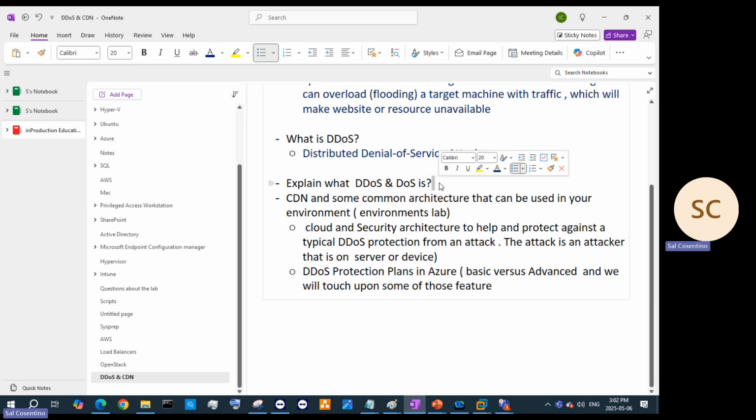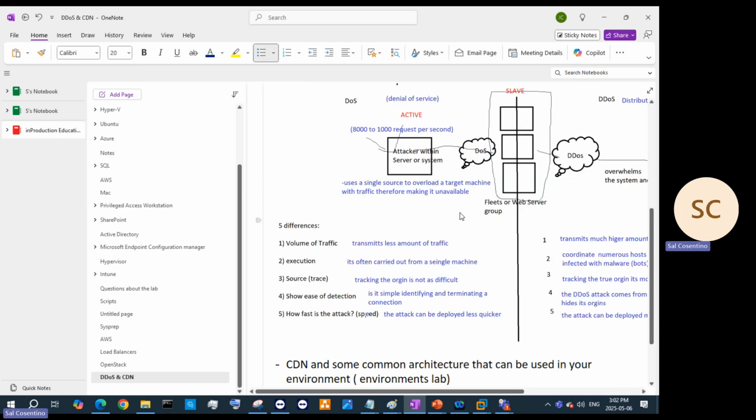And this is for DoS, since I talked about both. Let's talk about both.